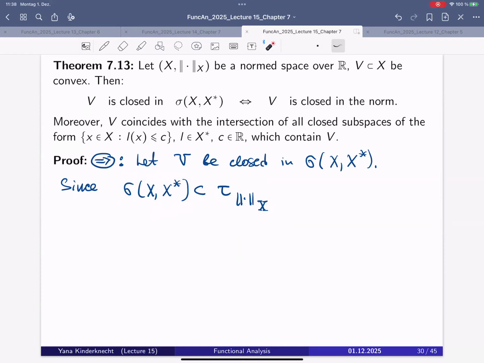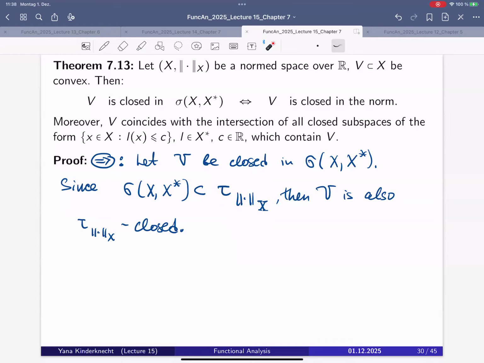Since we have this inclusion, V is also closed in this topology. So these two topologies are comparable. This is the stronger one, that is, it contains more open sets, but nevertheless all open sets from here also belong to this system of sets.